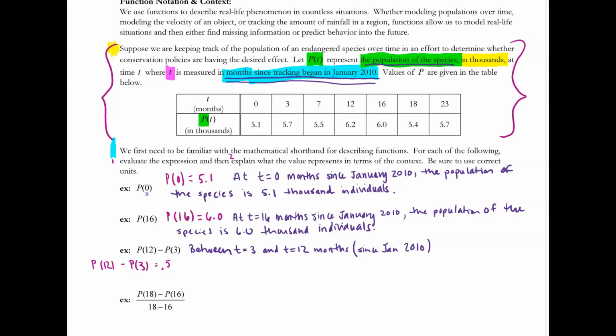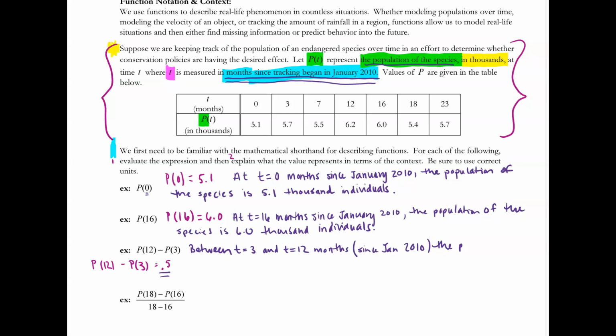All right, between t equals 3 and t equals 12 months since January 2010, the population of the species, and I guess let me just go back. When we took that difference and we got 1/2 or 0.5, we can tell that it's increasing. Like from 3 to 12, the population got bigger. So you can use the word change, which doesn't have a positive or a negative connotation, or we could use the word increased, which expresses that the population changed in a positive way.